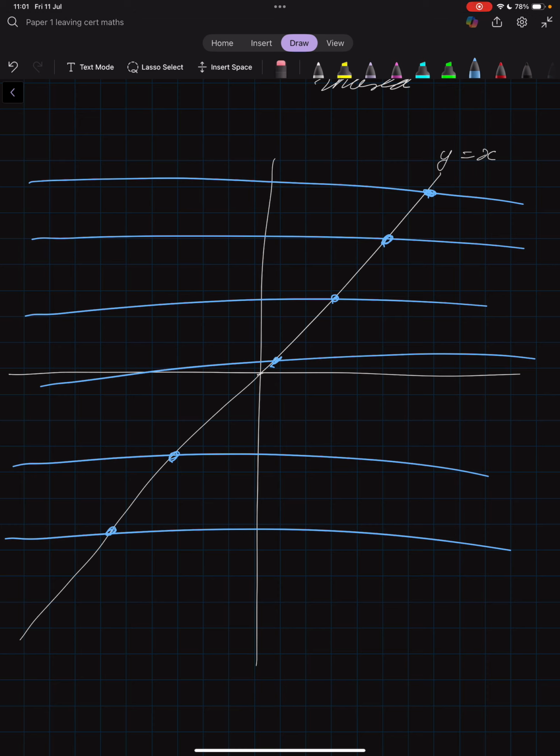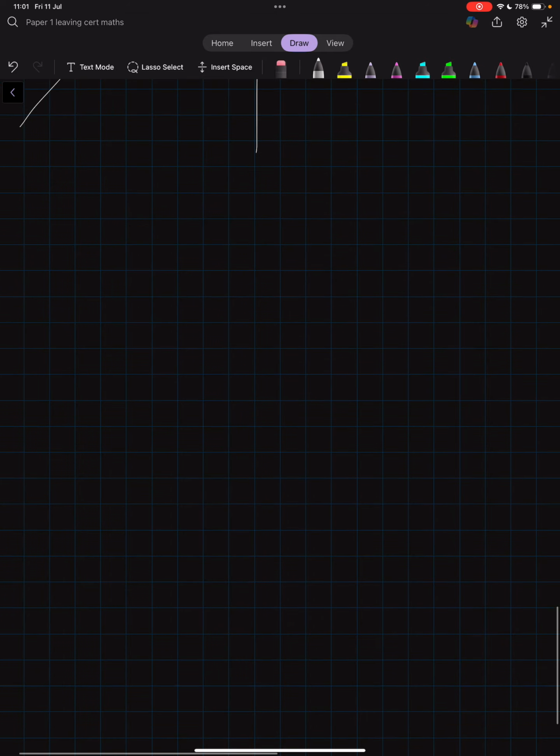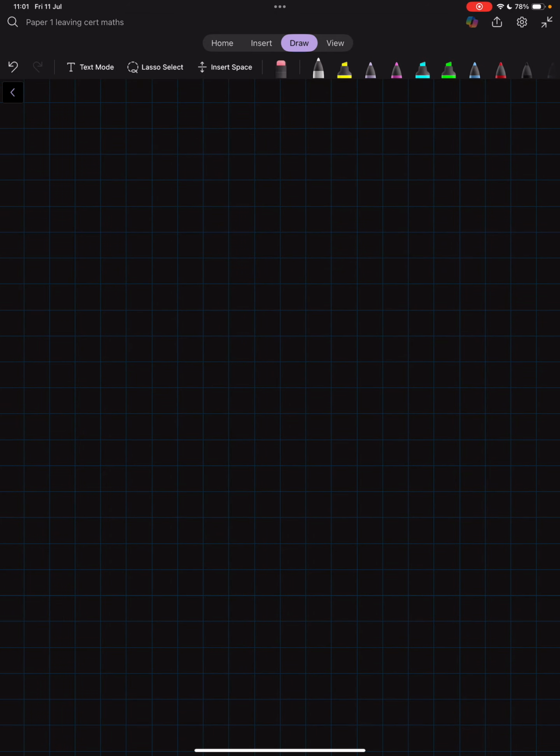I might do one more example. It's also very important that in these questions, they'll specifically say, only looking at this. So it's like f maps x to x squared, from the reals to the positive reals.